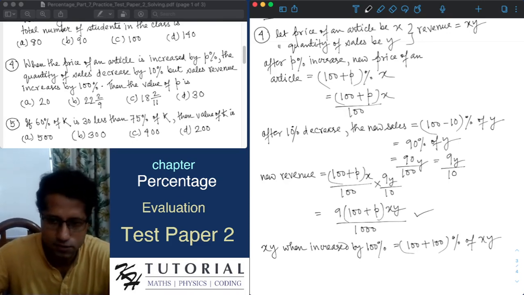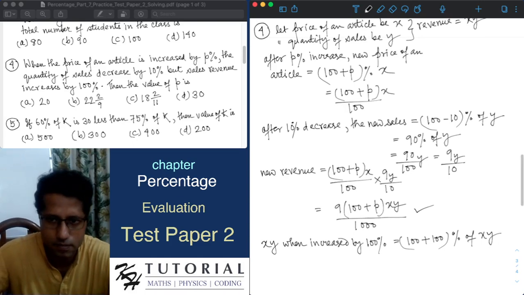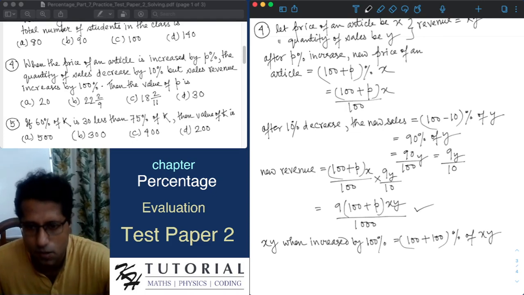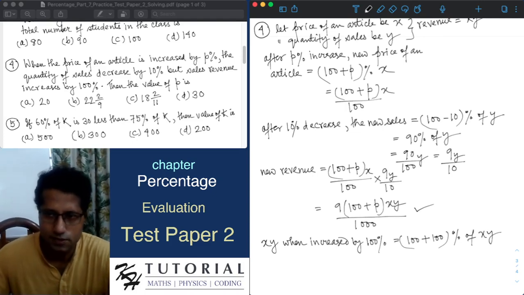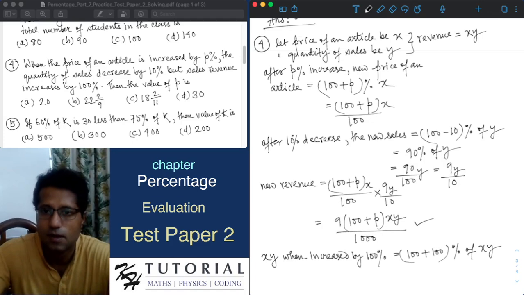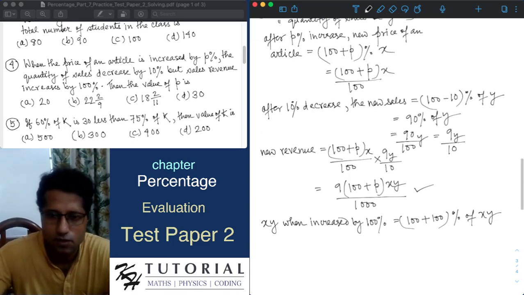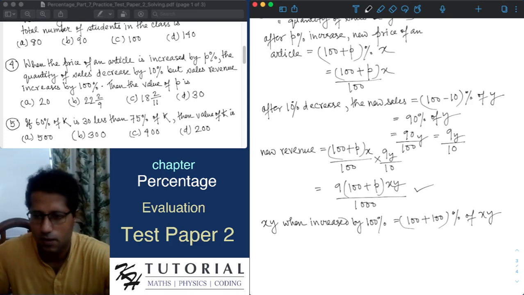So when something gets increased by some percent, the new value becomes 100 plus that percent of the original value. So it is saying that the sales revenue got increased by 100%. This means that XY, which is the previous revenue, got increased by 100%. So when XY gets increased by 100%, it becomes 100 plus 100% of XY.